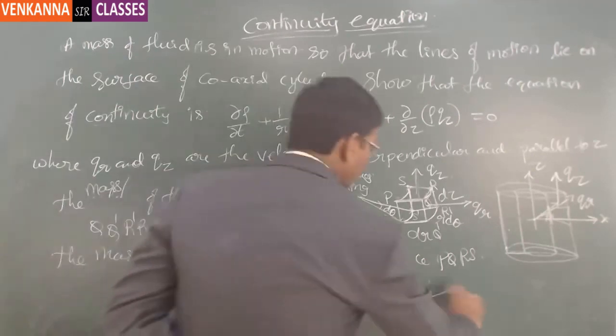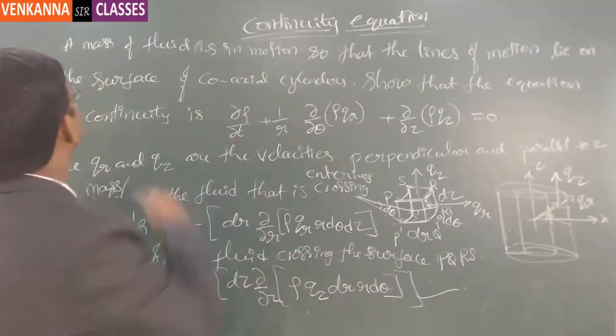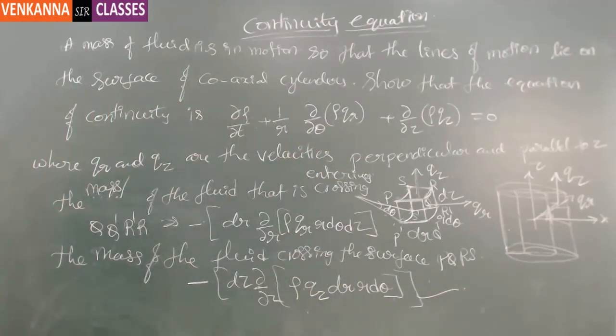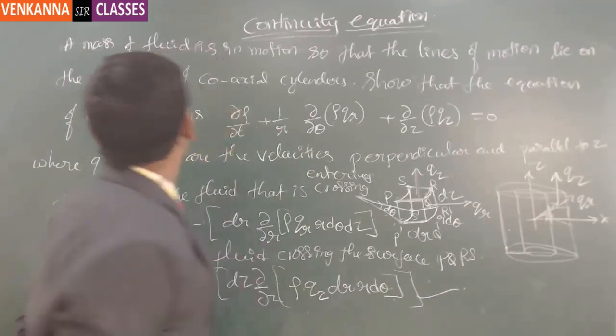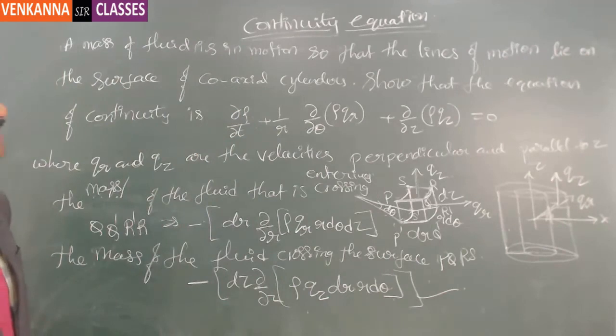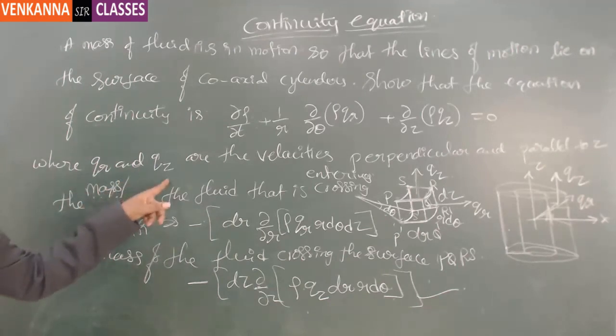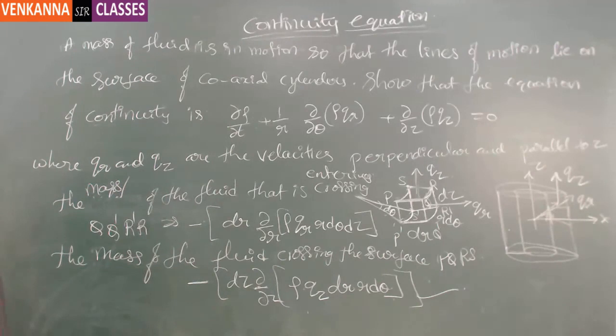So this is correct, but what is this velocity? A mass of fluid is in motion so that the lines of motion lie on the surface of coaxial cylinders, so that the equation of continuity is where qr and qz are the velocities perpendicular to and parallel to z.